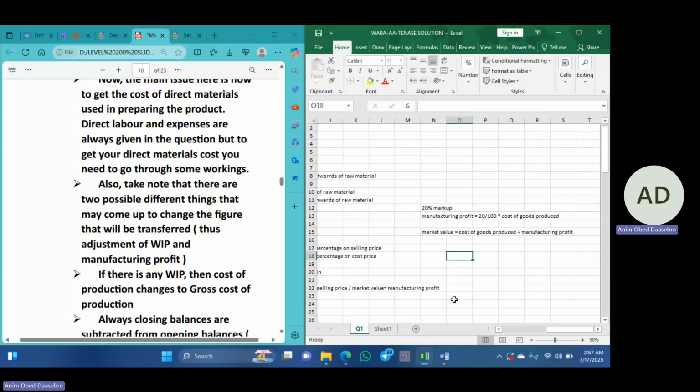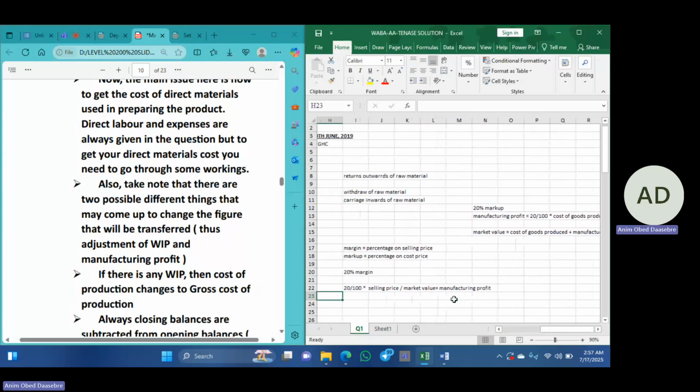Right. But with the margin, the objective is to find your cost of production. So here, the only thing you need to do is find your cost of production.